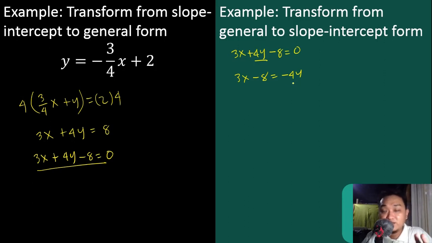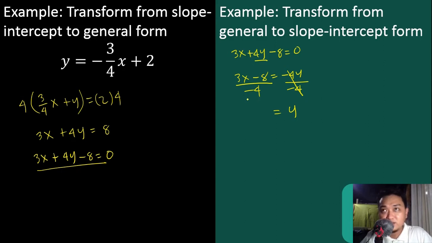And then, let us divide both sides by negative 4. Sorry. So, let us divide this by negative 4. Cancel. That is 1. So, let us just write y.